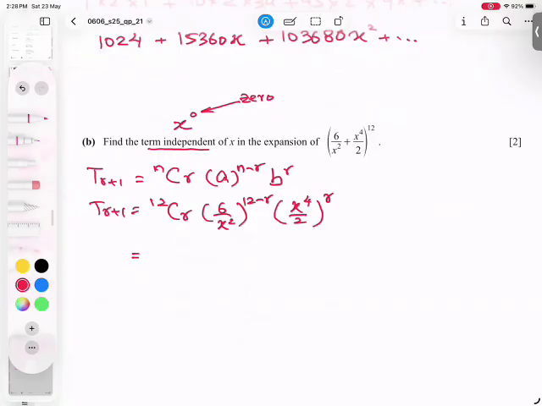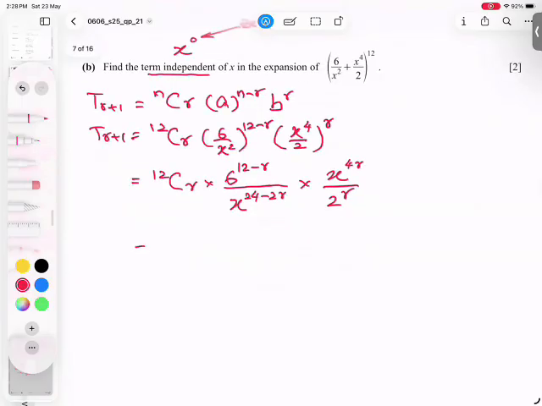So 12Cr I'm leaving as it is, no change. Here I can say 6 to power 12 minus r, and down and power multiply, and I'm getting x to power 24 minus 2r. Here, x to power 4r in the numerator and 2 to power r. But I have to combine all x powers.